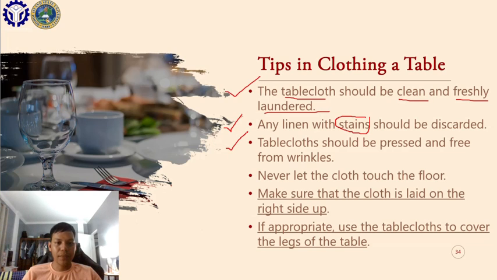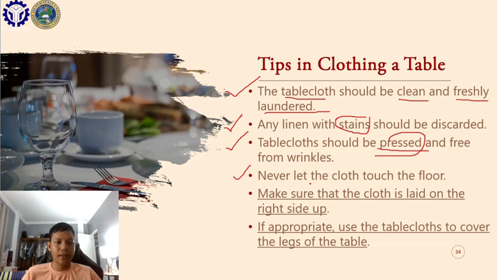Number three, the tablecloth should be pressed and free from wrinkles. We need to double check. We need to ask the laundry attendant because they are also assigned in pressing the tablecloths, not just the bed sheets in the guest room, but also any cloth that is used in the food and beverage department. So we need to make sure that the tablecloth is pressed.